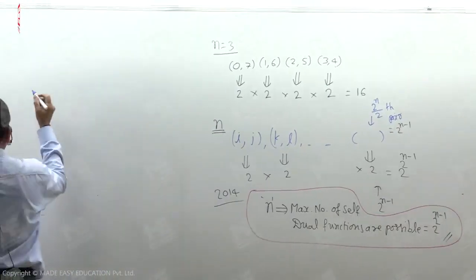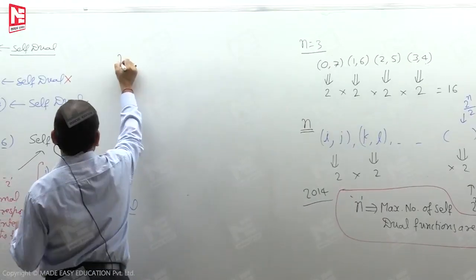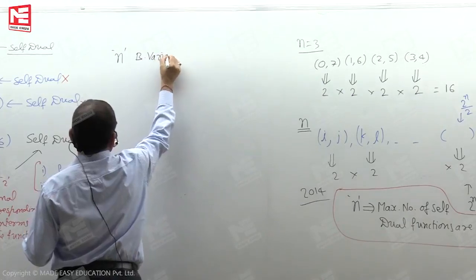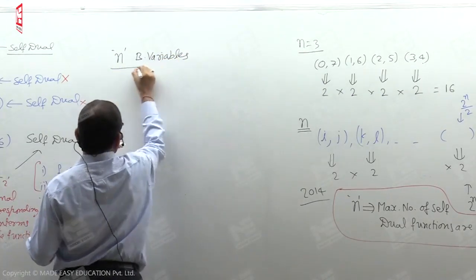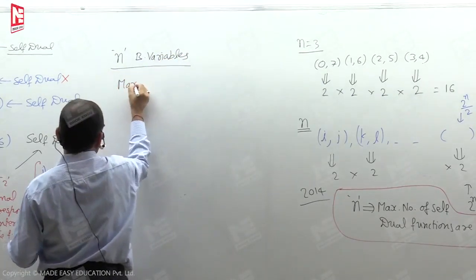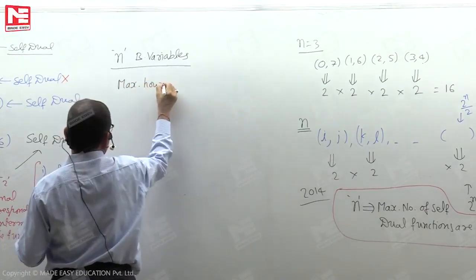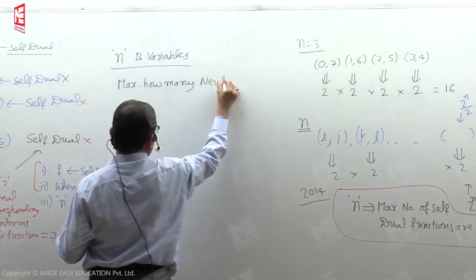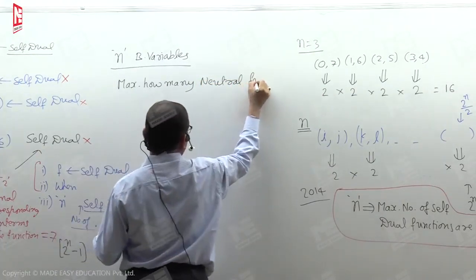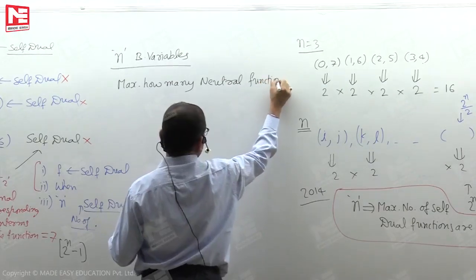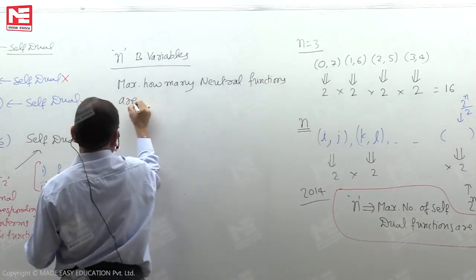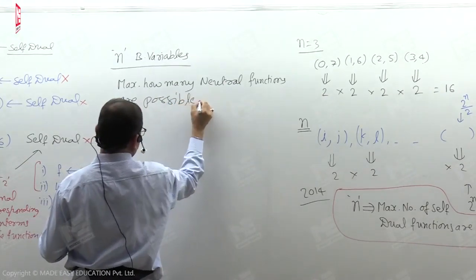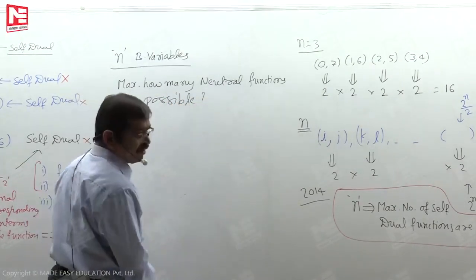If we take a question on n Boolean variables, what is the maximum number of neutral functions possible? How many neutral functions are possible, if you take this as a question?